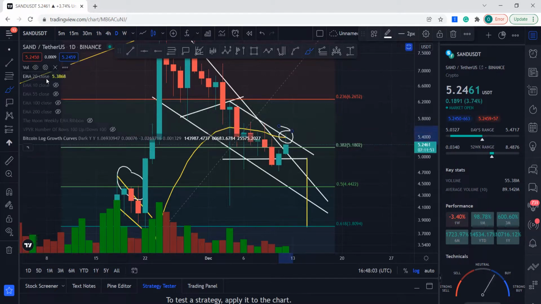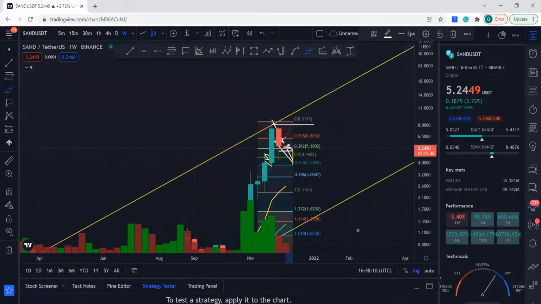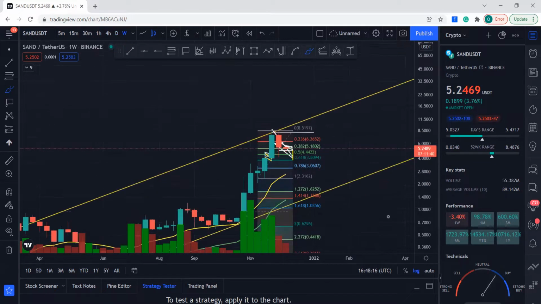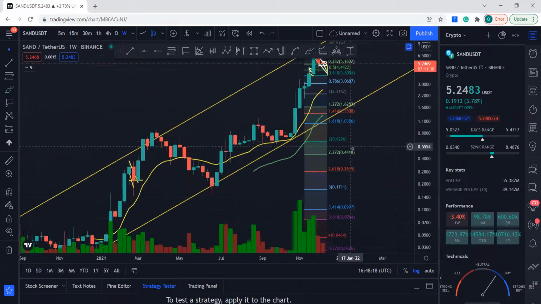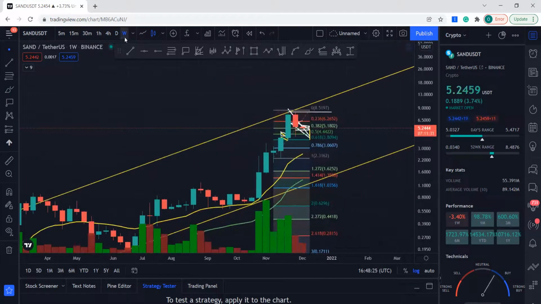And right now you're in between the 20 and the 55. You see what I mean? So let's see in the weekly where it is. It's laying over here at the $2.54 level. So maybe let's see over here. It was pretty further away. So yeah, let's see what happens.